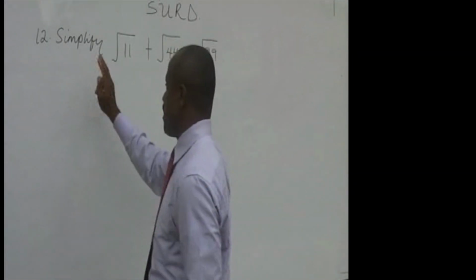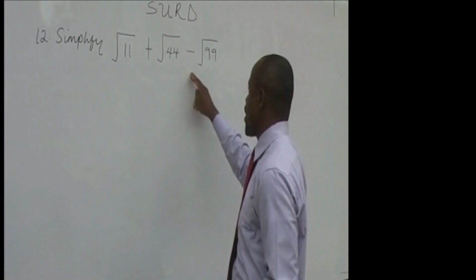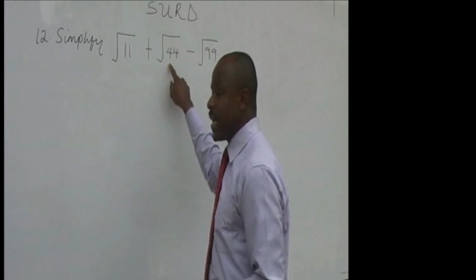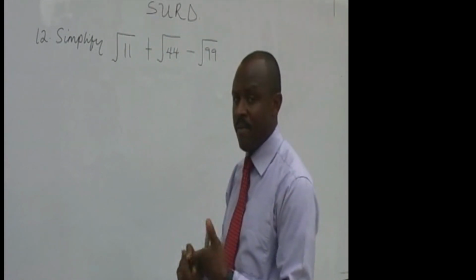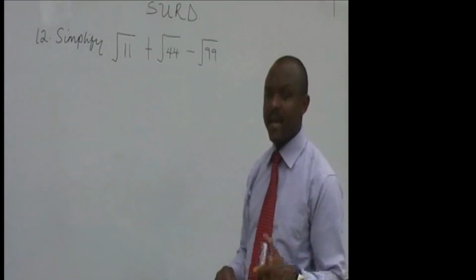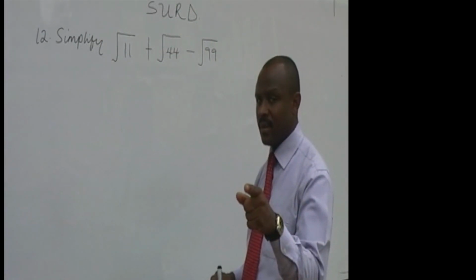Question 12 says simplify root 11 plus root 44 minus root 99. 44 is 11 times 4, and 4 is a perfect square. 99 is 11 times 9. I know that 9 is a perfect square.